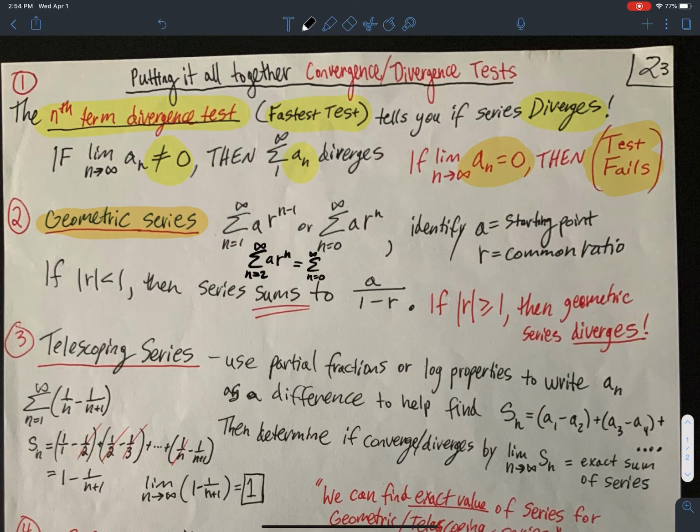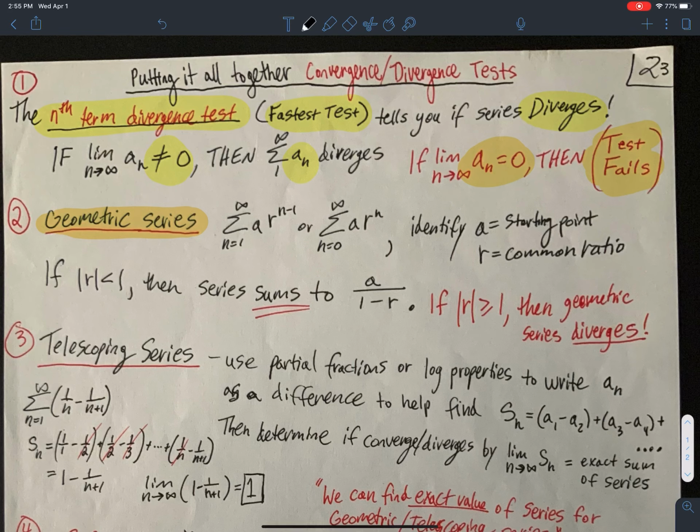So if I'm going to make this start at 0 instead, now I'm going to need a r to the n plus 2 to make that work. So that right there would give you the same series. So just an idea. You're not having to do that right now, but potentially you could run into an issue.